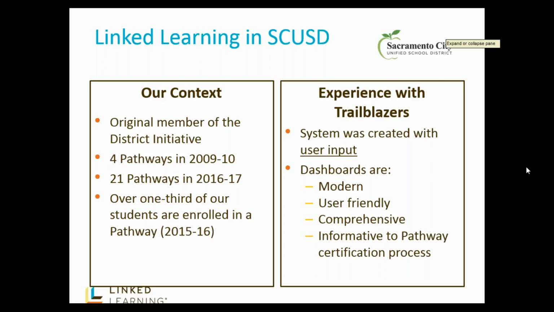And in our opinion, the result is that the dashboards are modern and user-friendly and comprehensive and very informative to the pathway certification process as well, to make sure that we are getting the most bang for our buck and streamlining our efforts whenever possible to make things easier for everyone who's involved in the linked learning world in our district.